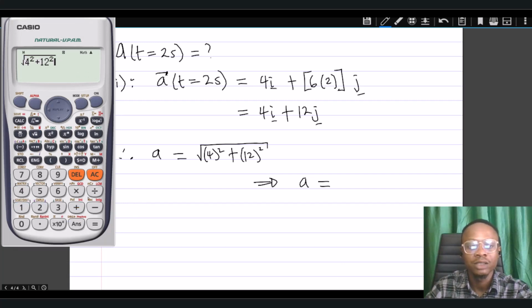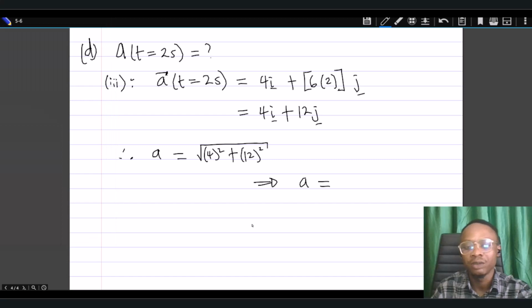Let's employ our calculator again. The square root of 4 squared plus 12 squared gives us 4 root 10, which is 12.65 in 4 significant figures. So this is 12.65 meters per second squared.